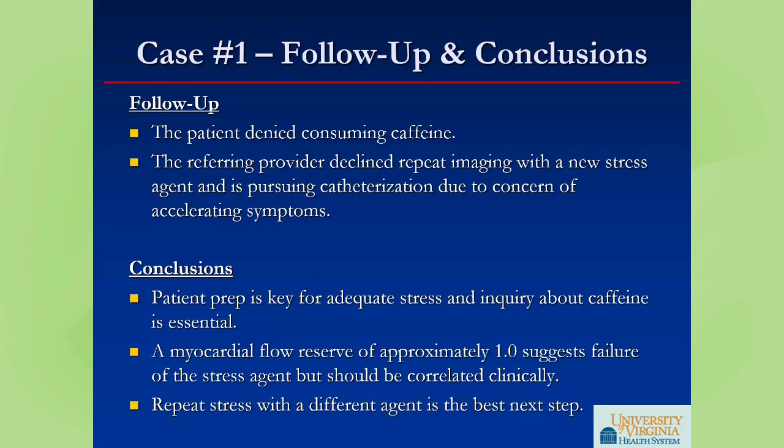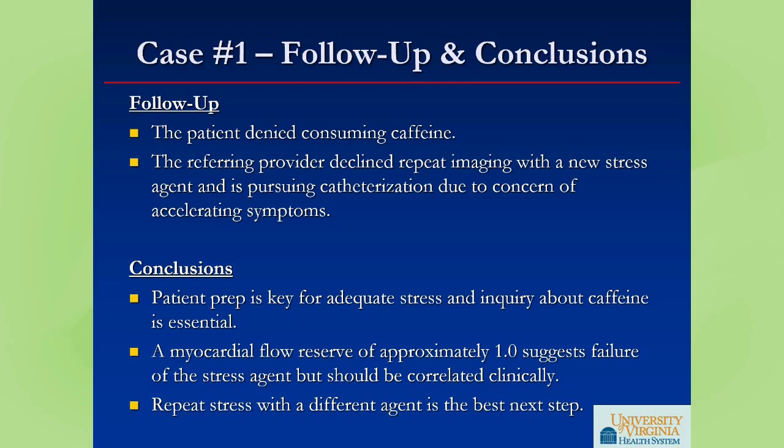However, this patient had very prominent symptoms, and given the newly reduced ejection fraction and those prominent symptoms, the referring provider elected to pursue catheterization rather than do additional imaging.